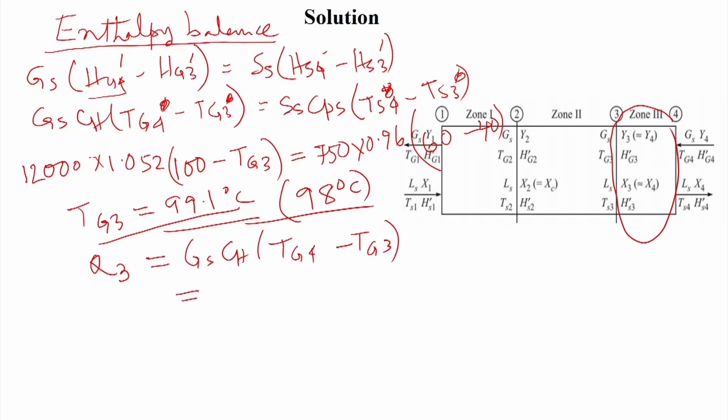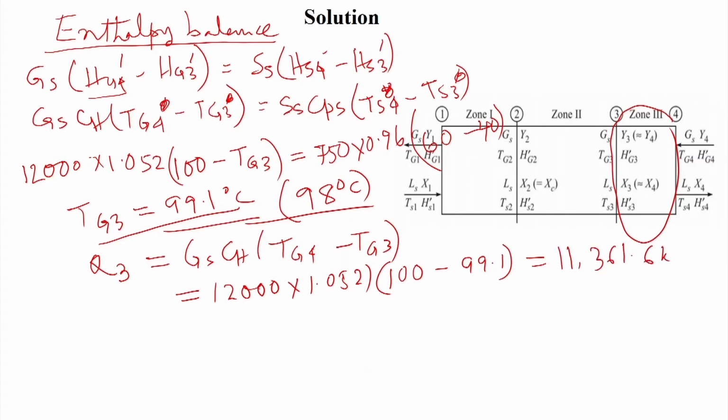So, that comes out as 12,000 into 1.052 into Tg4, which is 100, minus Tg3, 99.1. So, that is coming out as 11,361.6 kilojoule per hour.